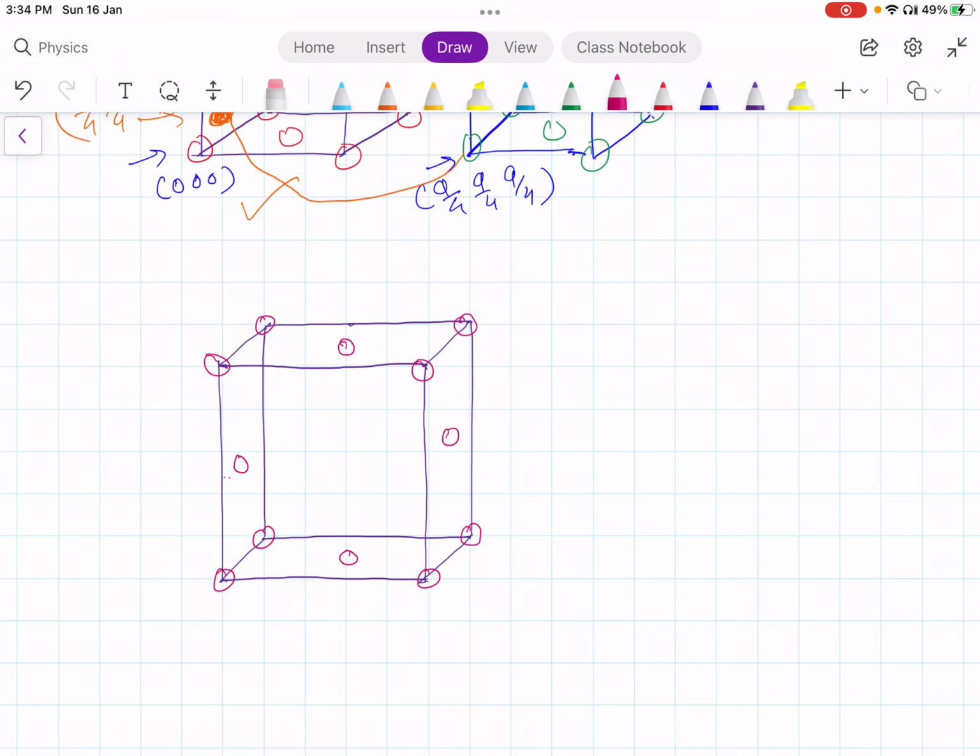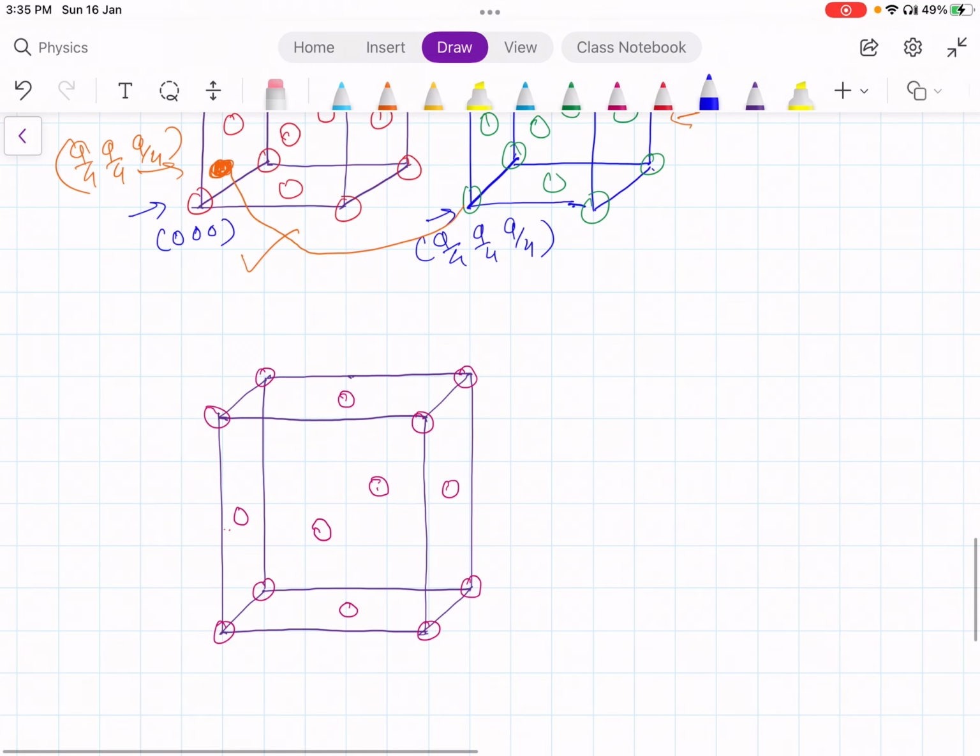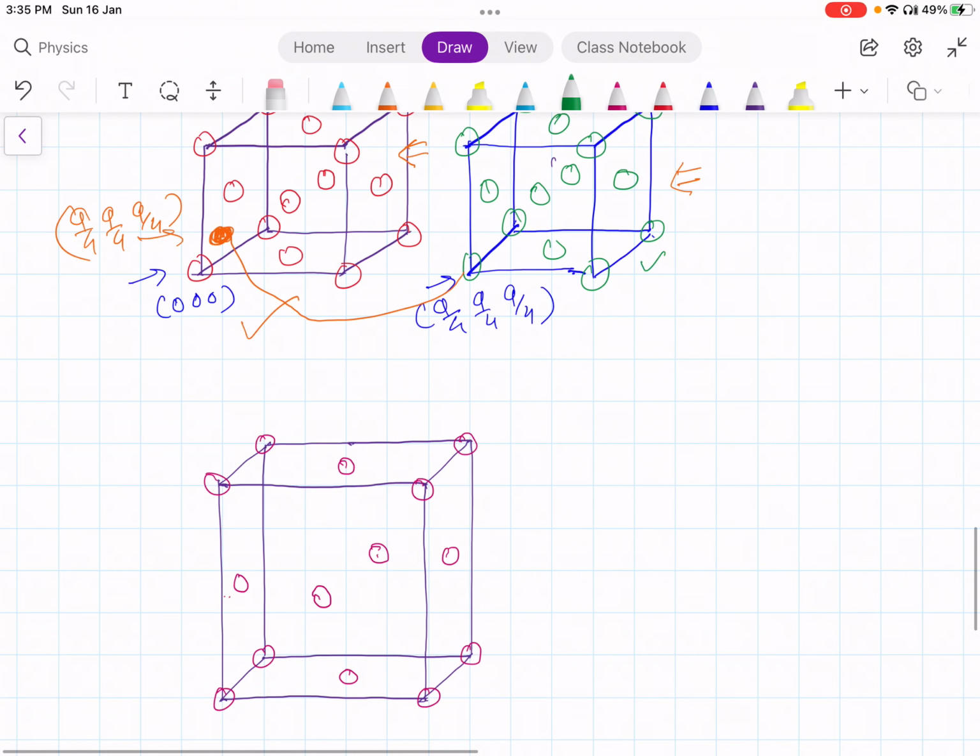These are the 4, and this one is of the front surface, and this is of backside surface. So these are the 8 corner atoms and 6 face center atoms. Now 4 atoms of this unit cell come inside the unit cell.